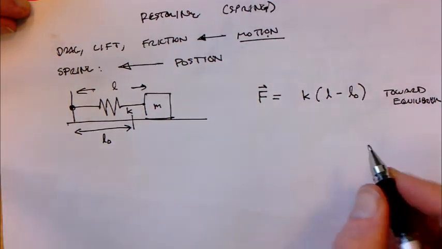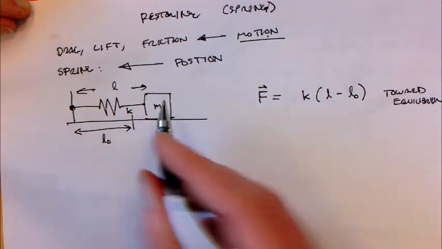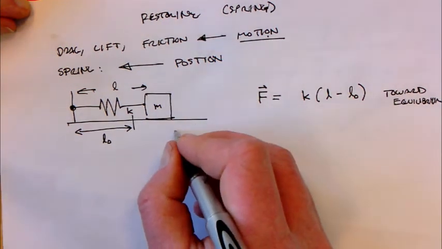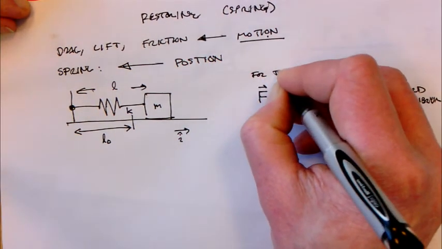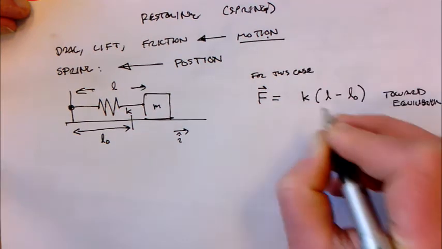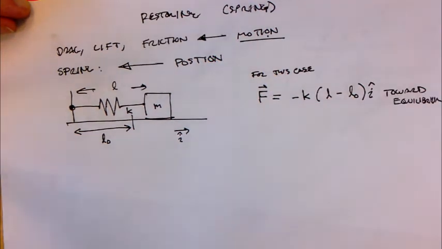So in this particular case, let's think about what that is. If L is greater than L naught, the force will be in the minus I hat direction. So this is I hat. So in this particular case, my spring force will be minus K times L minus L naught times I hat.